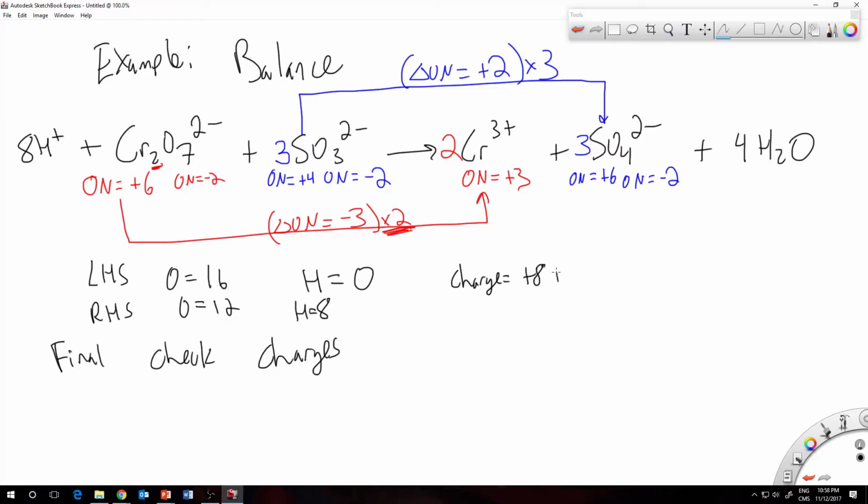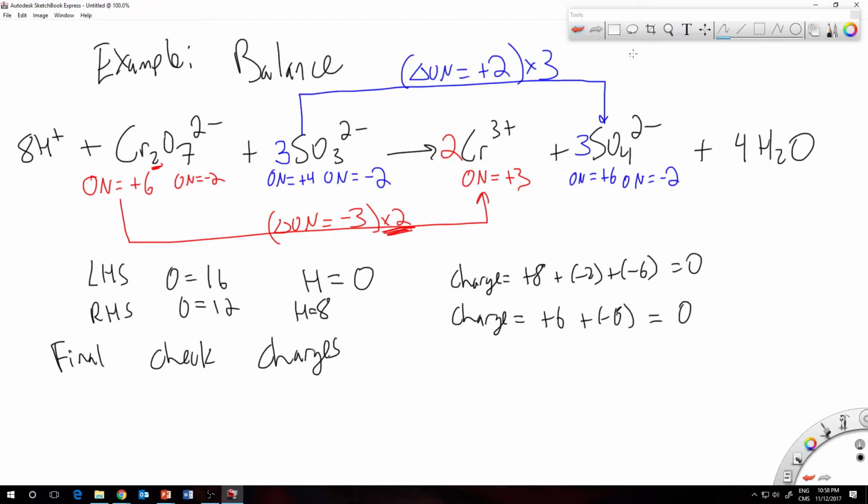So plus negative 2 plus negative 6. On the right-hand side, we have a charge of +6 from the 2 Cr3+, and then we have a charge of -6 from the sulfate ions. So overall charge is 0 on the left, overall charge is 0 on the right. So my charges balance out.